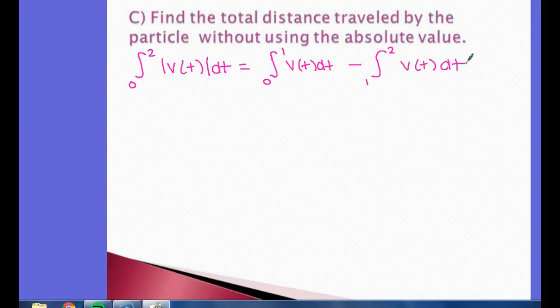I have some choices here. What do we say about these functions, right? We say that the integral from 0 to 1 of v of t dt is actually s of 1 minus s of 0, right? That was our very, very first definition. The antiderivative of velocity is the position at the upper minus the lower.